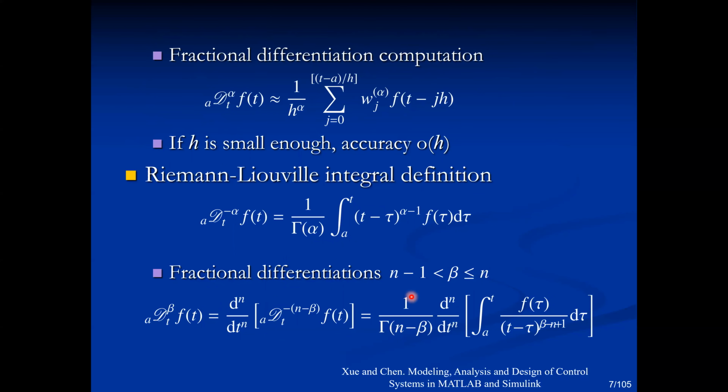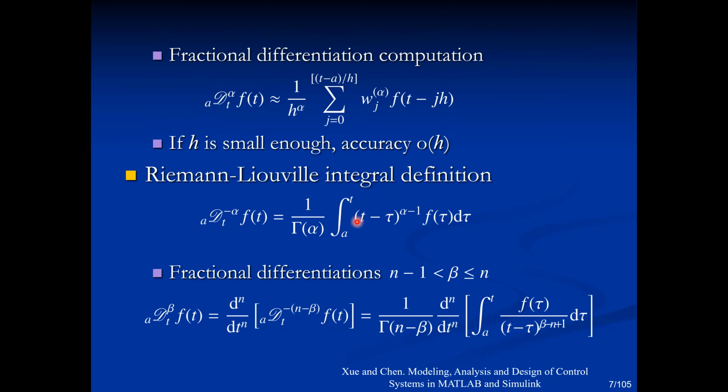That's very good for numerical implementation. So when h is small enough, then the accuracy is first order. And today, of course, people invent many other schemes that are O of h to the power of something higher order. So the Riemann-Liouville integral definition is based on this form, okay?